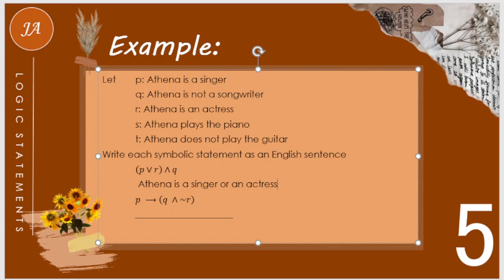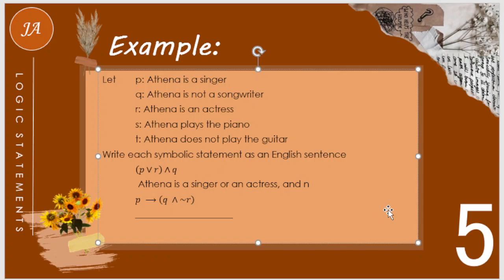Then, comma, since we have here parentheses, so therefore we have to put a comma here. Then our connective here is and, so therefore we have here and. We let Q as Athena is not a songwriter.